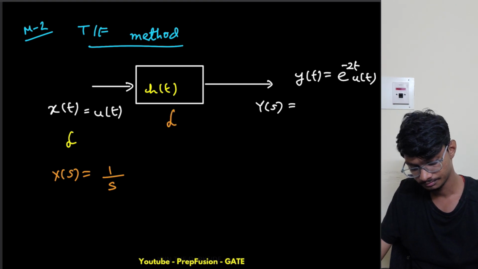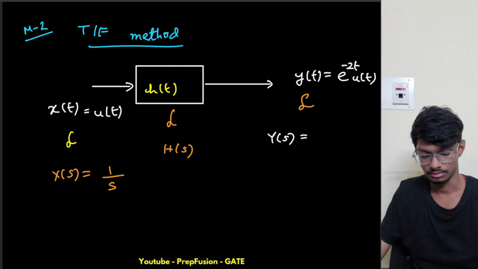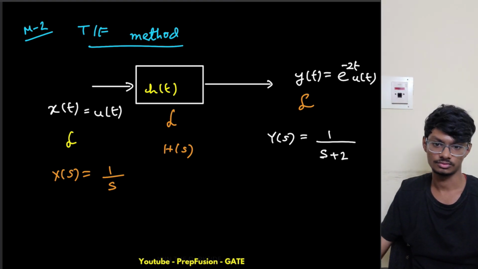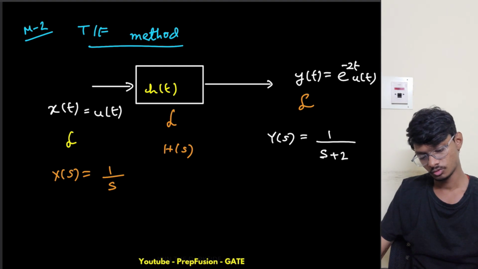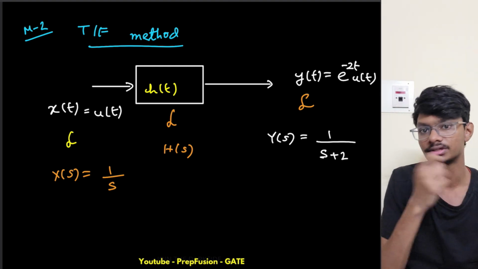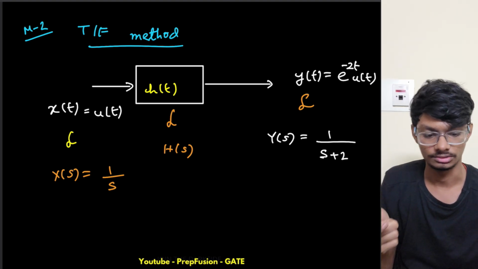Y of s becomes 1 by s plus 2. Okay, it becomes 1 by s plus 2. So if I divide y of s upon x of s, for an LTI system, we will find the transfer function, and if I do the Laplace inverse of that, I will find the impulse response, right?